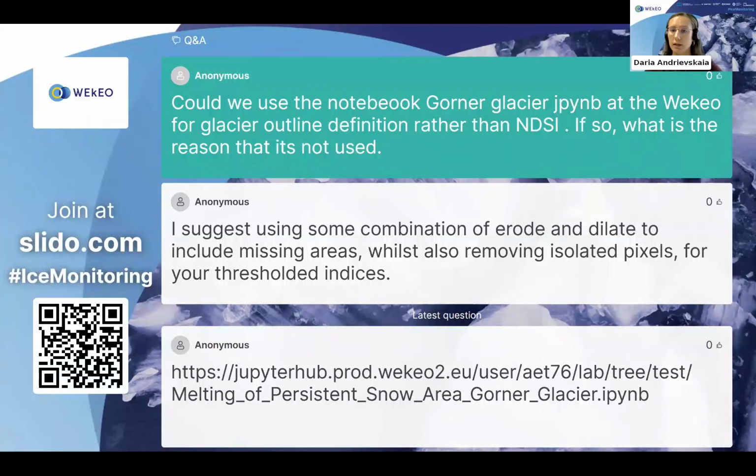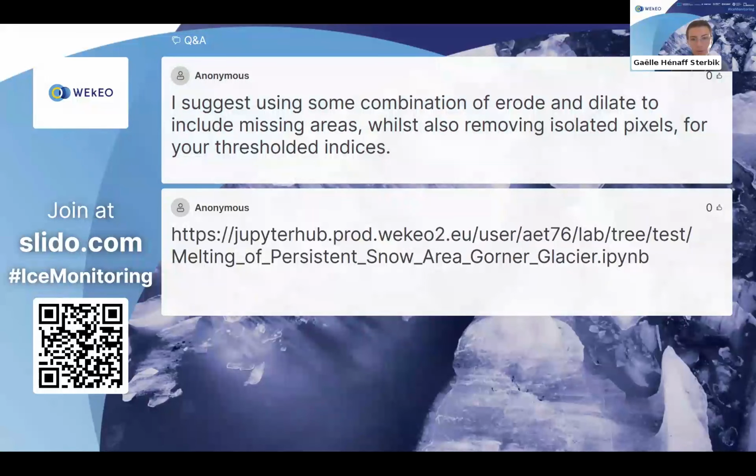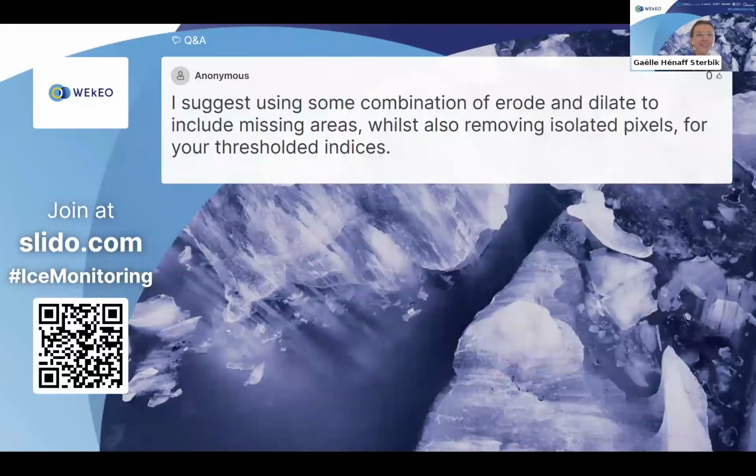But you also can, as I said at the end of the tutorial, add some other products and some other variables, and maybe do the same kind of analysis with persistent snow area and see the difference, how detecting it from satellite imagery and detecting it from persistent snow area will change your results. Okay, thanks a lot. So I think that was clear enough because we received thanks in the Q&A.